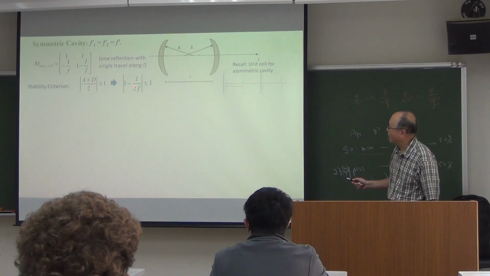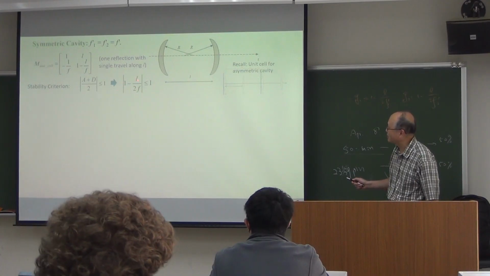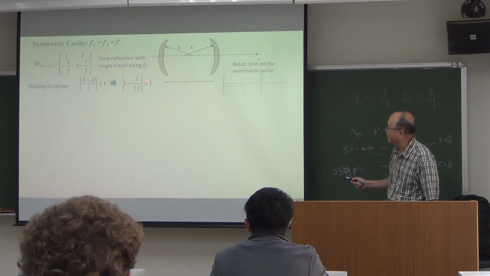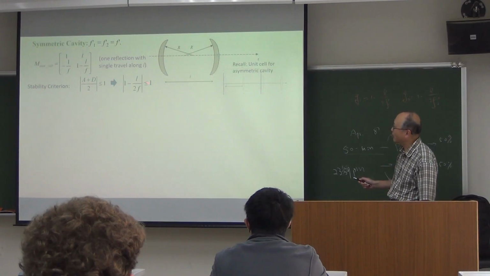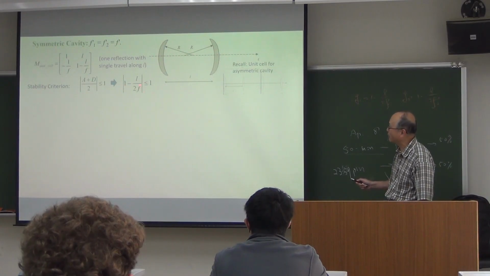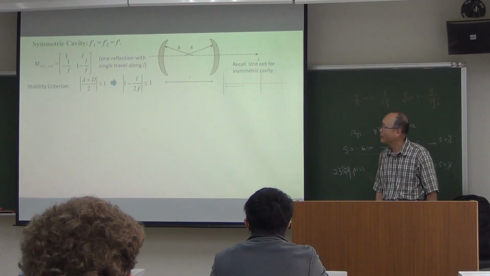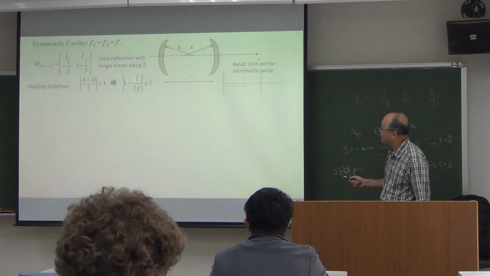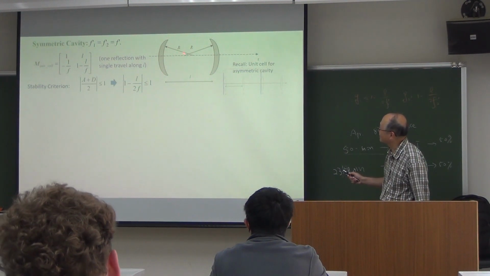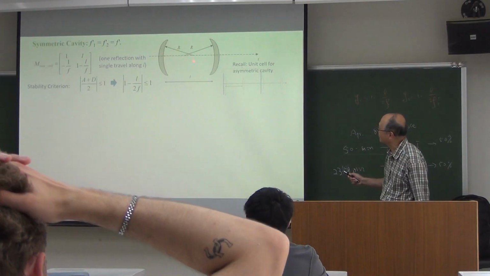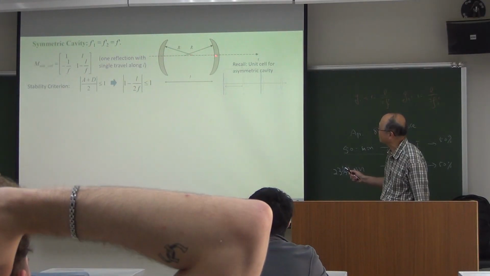And here it's quite obvious that if you want to set this condition to satisfy magnitude less than 1, then it's a comparison of L to 2 times the focal length, or a comparison of L to the radial curvature of this mirror. For example, if you have this length equal to the radial curvature, this means that the center of this is going to match to this point.